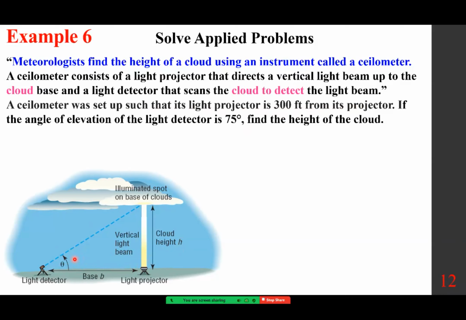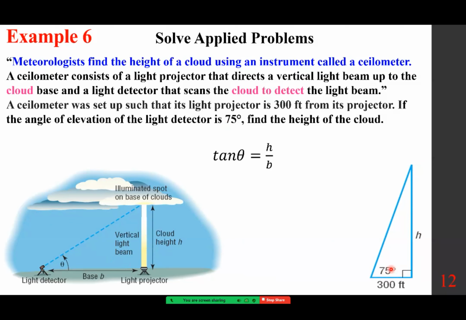Theta is the angle of elevation, 75 degrees. So we do this drawing. This is 300 feet. This is 75 degrees. This is the height. And obviously tan of theta, tan of 75 degrees, tan of theta is H over B.